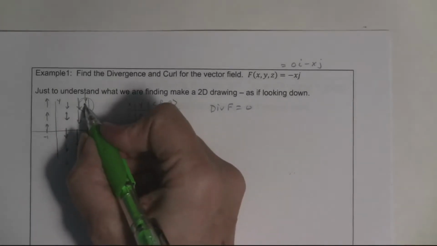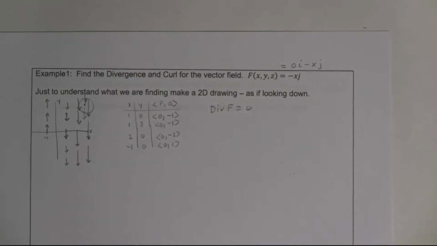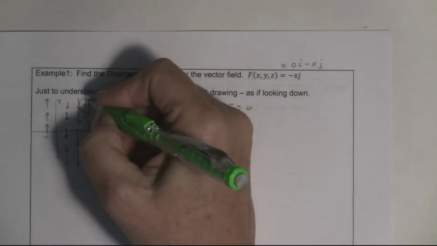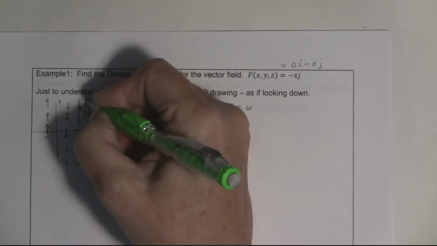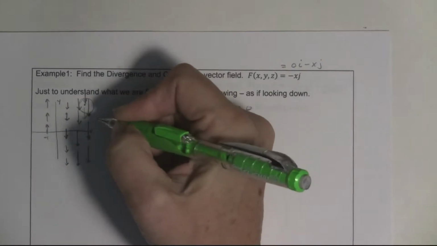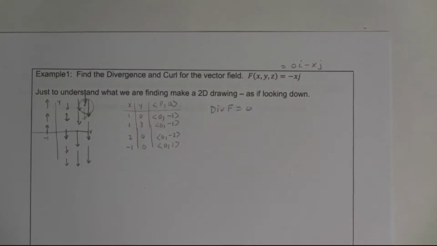Now, if you thought of there being a little paddle like they showed at that point P, do you agree that that paddle, because on one side the vector length is longer than on the other side, would be spinning?